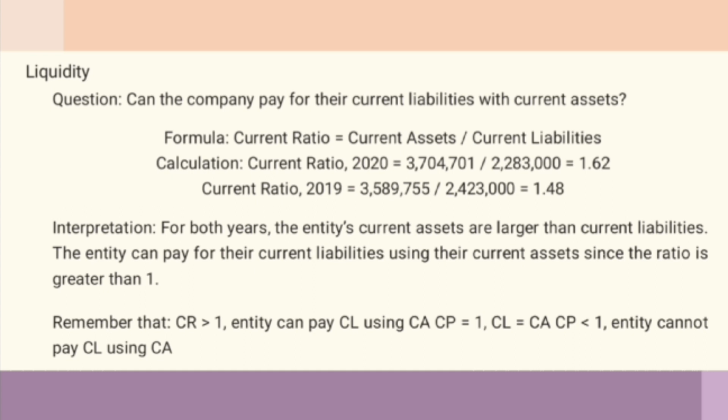Because what happened is that your numerator is lesser than the denominator. So, anong gusto natin na mangyari? Always ang current ratio ay greater than 1. Ibig sabihin, the current assets are able to cover the current liabilities.